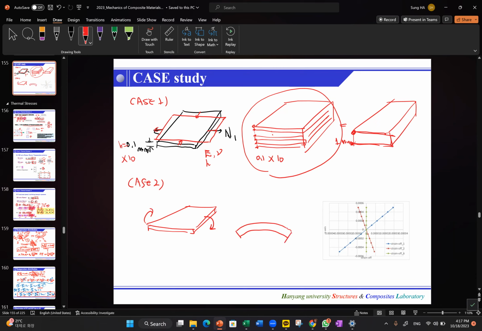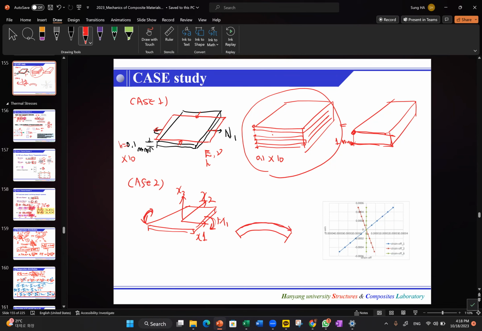Here is the one direction, or two direction, x2 and x1, and this is the z direction, x3, and we have a bending moment, I'm sorry, this way, moment 1. Now, with moment 1, we can easily say the top surface will extend.